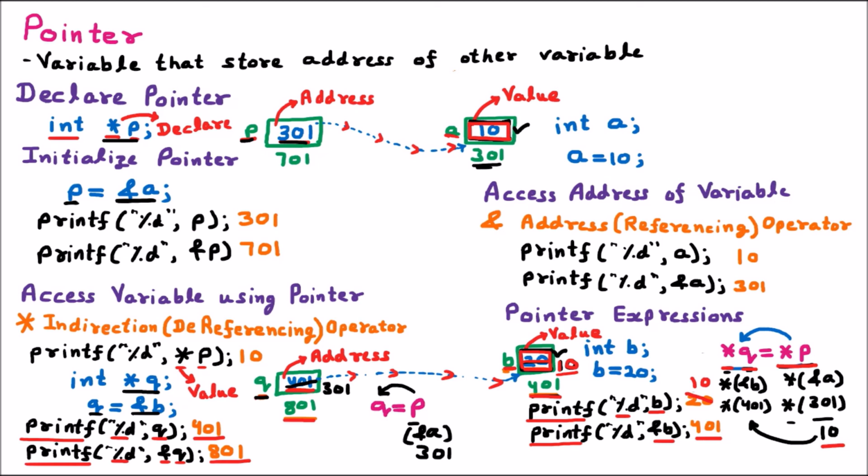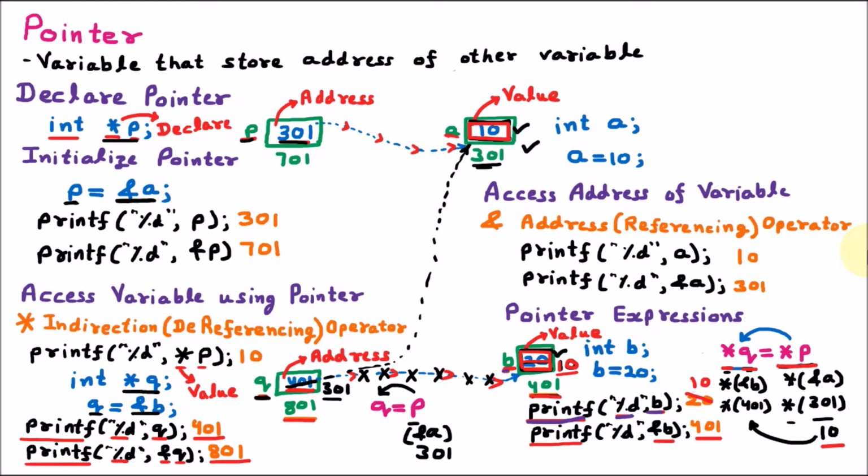That means earlier the q pointer had the address 401, which is of b, and that is no more there. So this pointer is updated with the address 301. The q pointer is now pointing to the address of a, so it is pointing to the variable a. Now let us suppose again we say printf("%d", b).